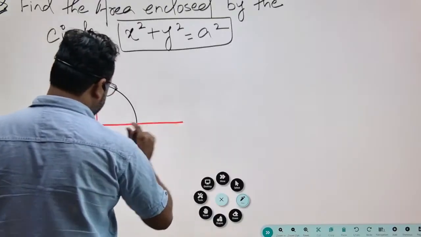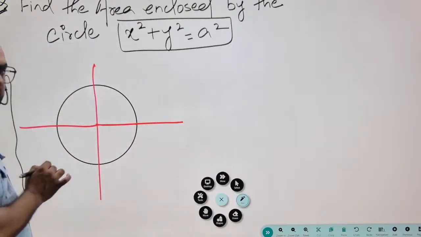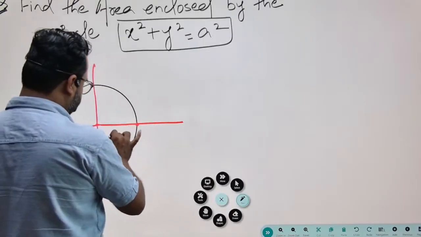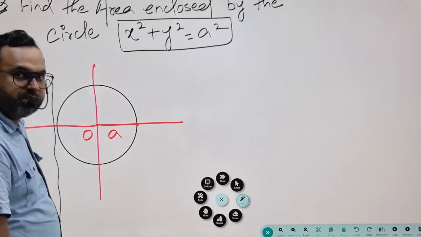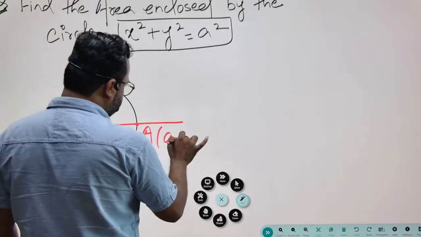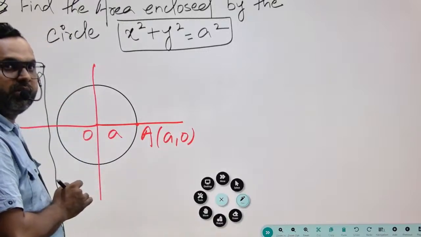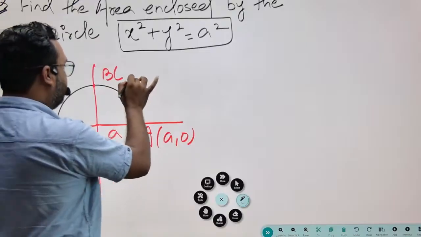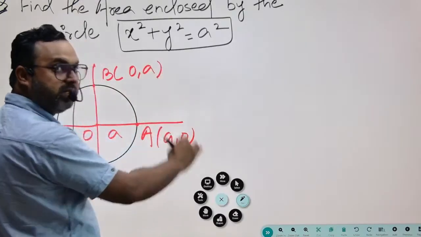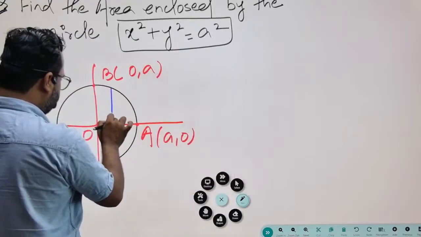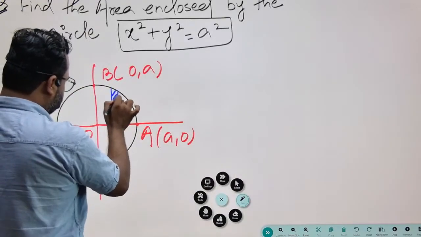Okay, so we have a circle like this. This is the origin O. Mark this point. If the radius is a, the coordinate of this point will be a comma 0, and similarly the coordinate of this point B is 0 comma a. If I take a strip, this is my strip.